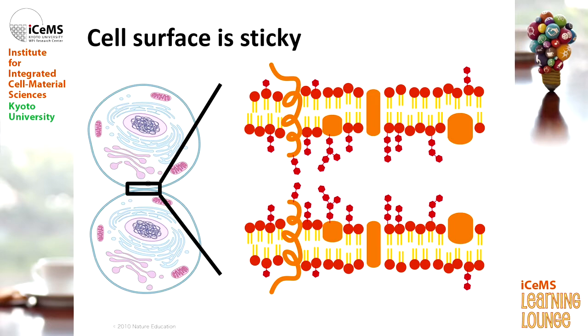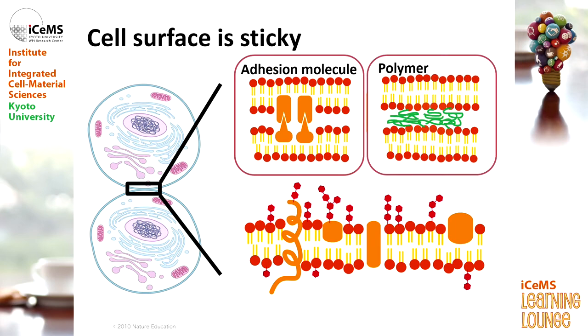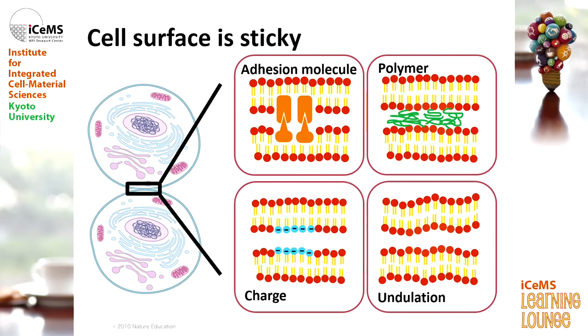And since there are lots of different molecules, there are lots of different interactions, such as adhesion molecules and polymer interaction, electrostatic interaction by charges, and the interaction coming from the fluctuation of the membranes.